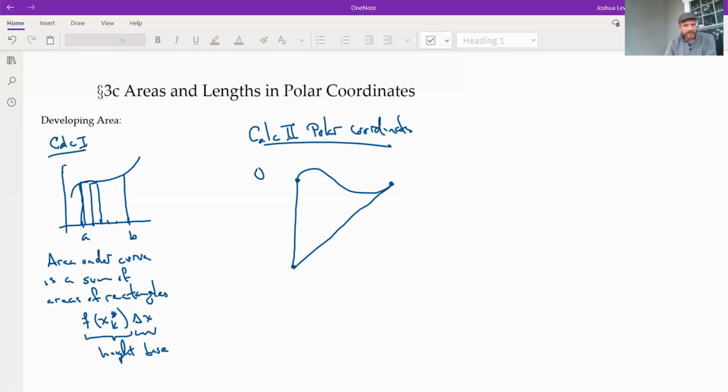And so you might have your first theta be alpha, and you're integrating all the way to maybe beta. And you want the area of this polar region. Well, you're still going to create a partition, but what you're going to partition now is this angle.